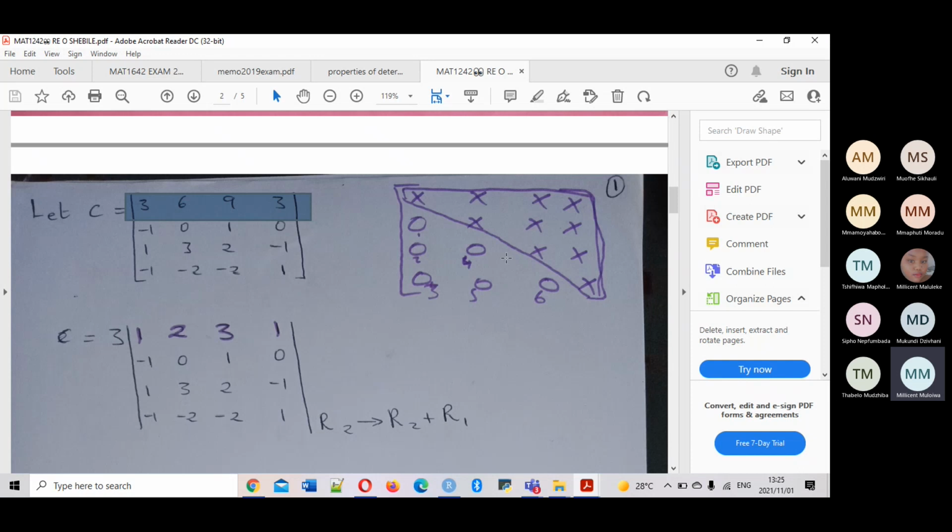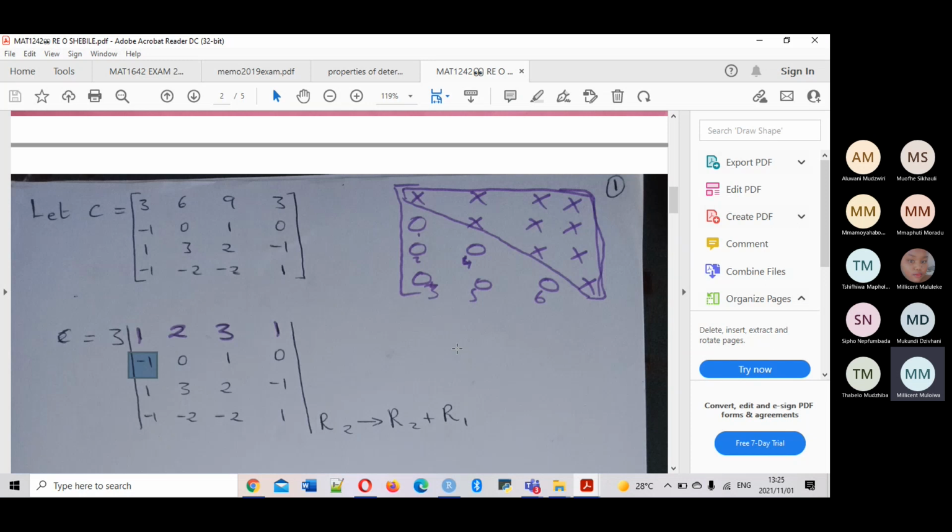If we have 6 zeros and we find that this is our upper triangular matrix, we are going to find the determinant by multiplying the diagonal elements.